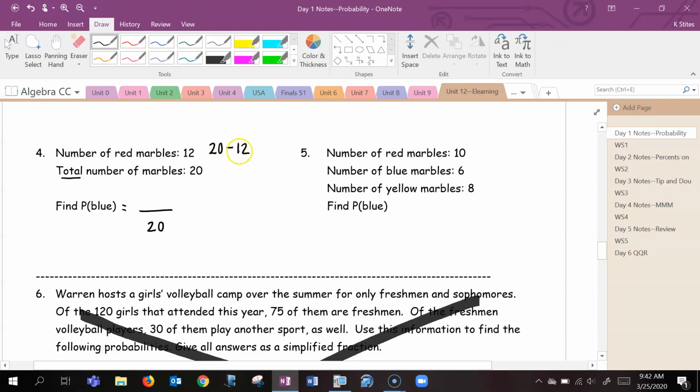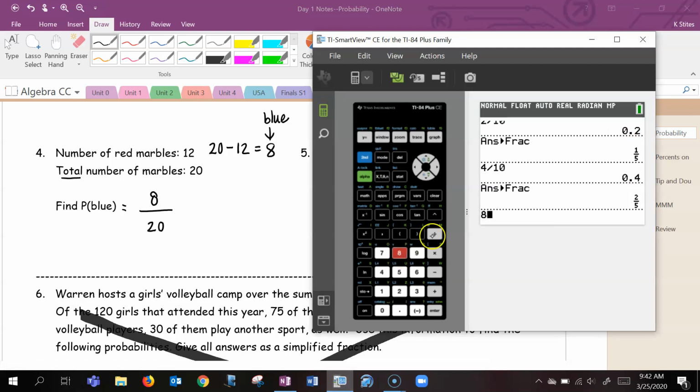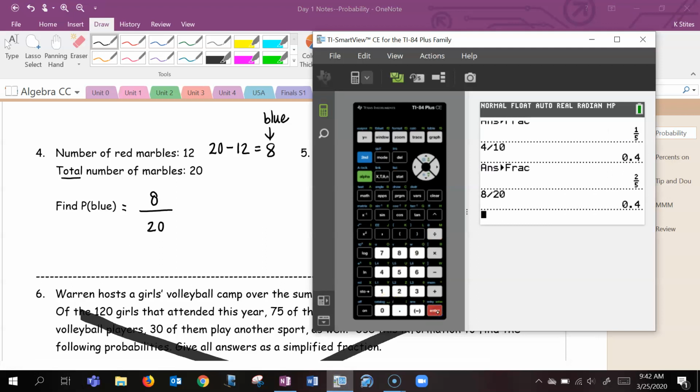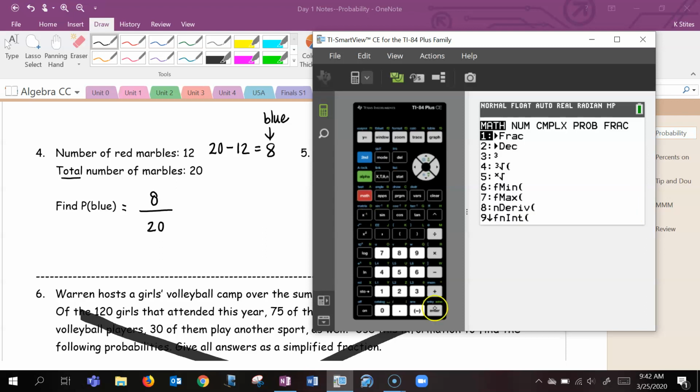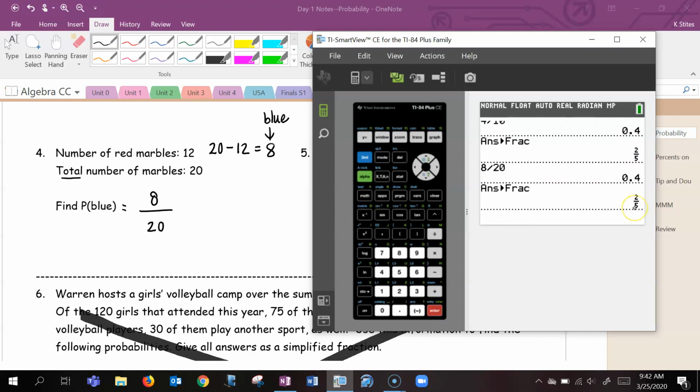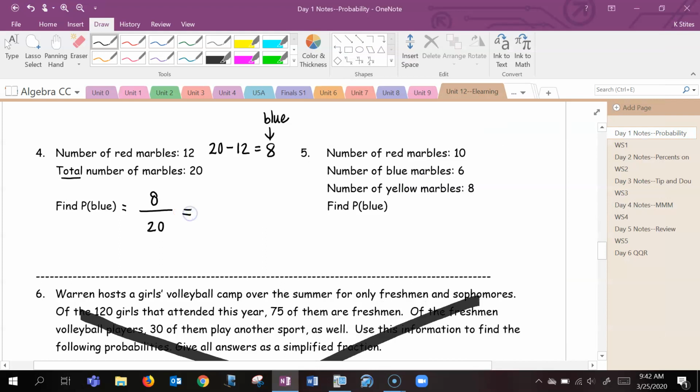There are 20 total minus the 12 red are 8 blue marbles. That's our desired outcome. And so the 8 will go on top here. And then we can just go ahead and divide. 0.40, that was the one we just had. 0.40 is our 2/5. I can see that when I math frac. So 2/5, which is 0.40, which is just 40%. And there's my answer.